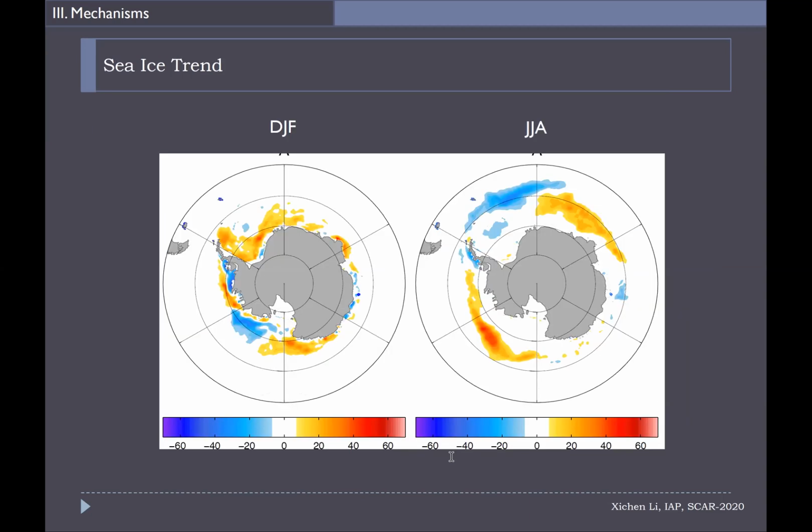So here's what happened during our experiment period. During the Austral summer, the melting around the Weddell Sea has been intensified. But during the Austral winter, the sea ice formation around the Weddell Sea has also been intensified.